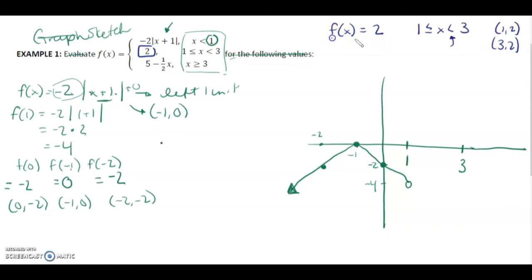Another way of writing f of x is y, and when we have a horizontal line, all of the y's are going to equal that number. So let's put a 2 here and fill that in, and we're going to graph this horizontally until 3. But the domain does not include 3 because it does not have the underline in the inequality. So that's it for that one.